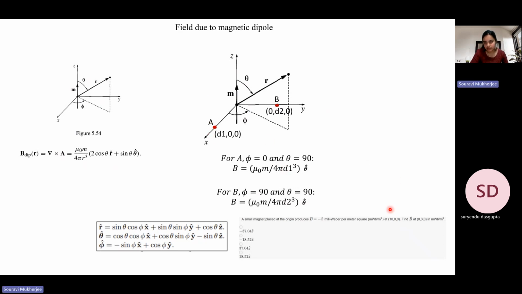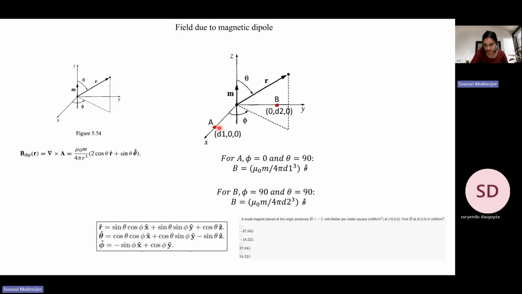Magnitude is 1. It is asked what is the field at some other point B, where again D2 is given as 3. So now you can use this relation, whatever we just discussed so far, to find what the field at point B will be, right?